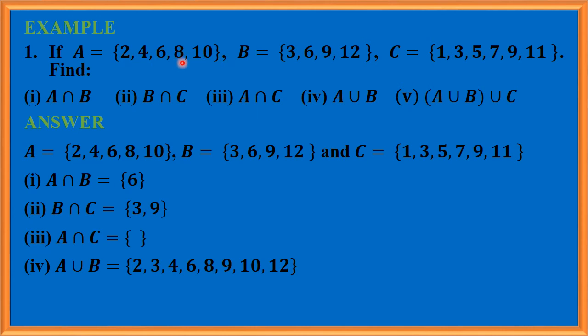Then we have 8, we have 9, then we have 10, we don't have 11, but we have 12. So this will be the elements of A union B.